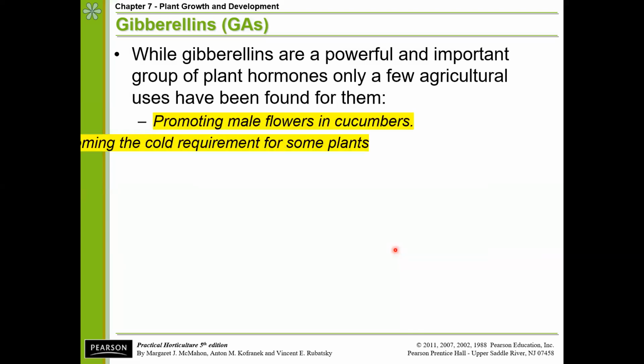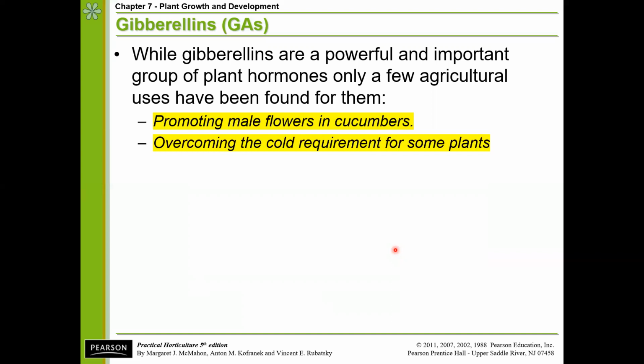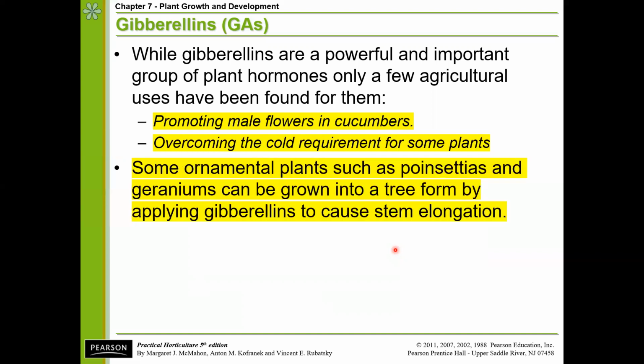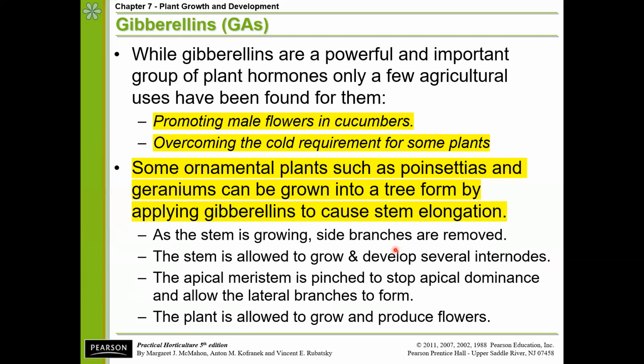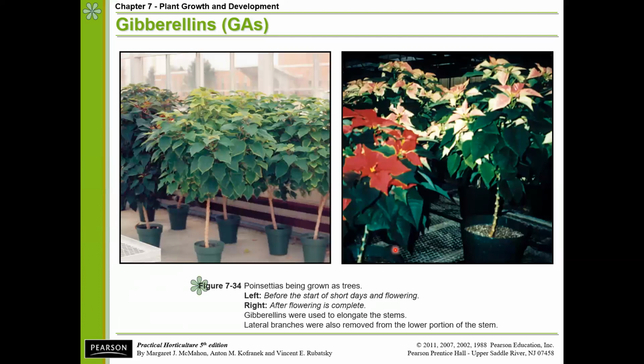Some other agricultural uses: they can promote male flowers in cucumbers, they can overcome cold requirements for some plants, and in some ornamental plants, they can be used to grow them into different forms, like more of a tree form than a bush form. Here's an example of that in poinsettias. We use gibberellin to get it to grow into this tree form for whatever ornamental purpose.